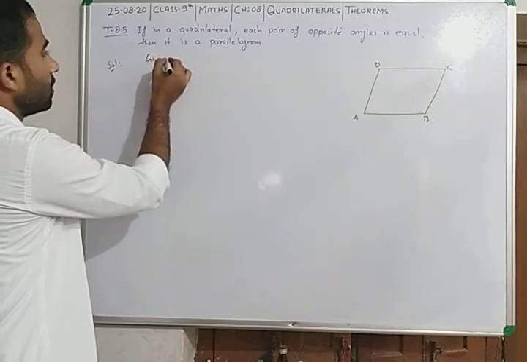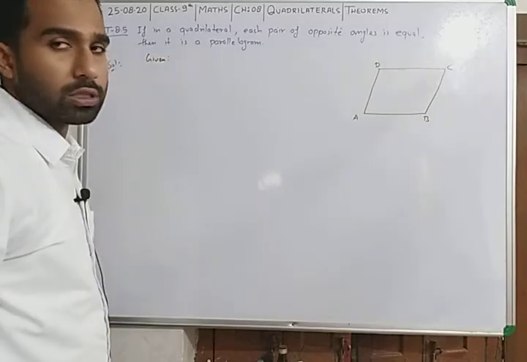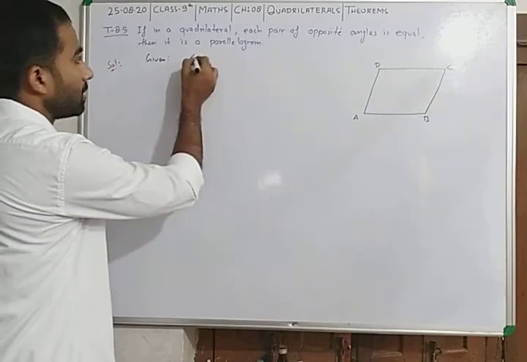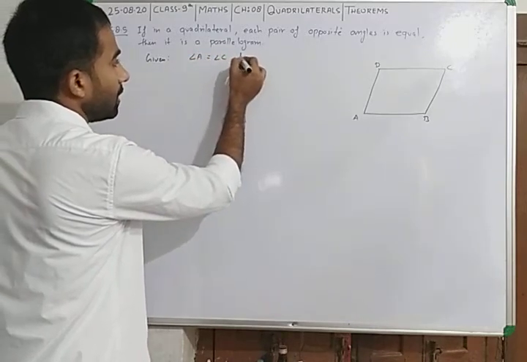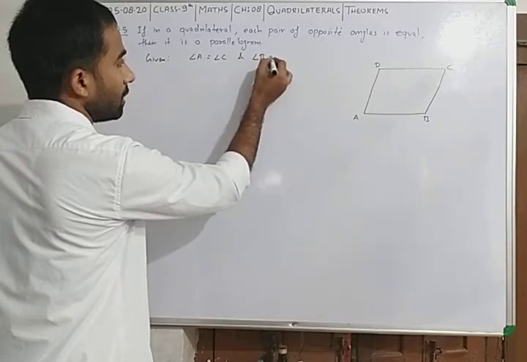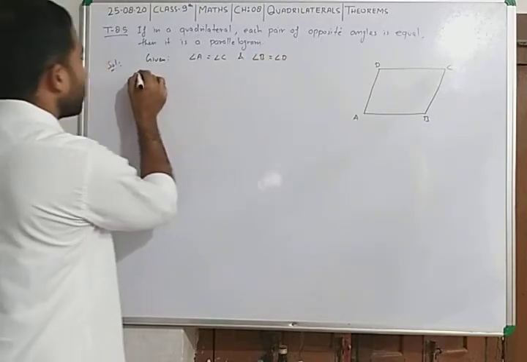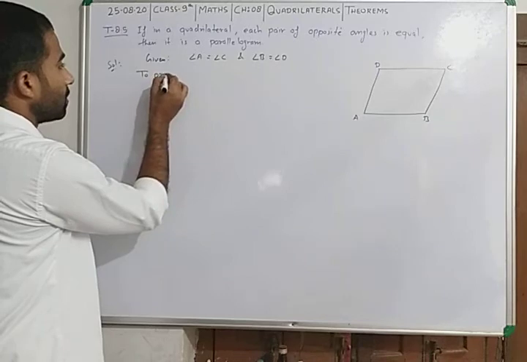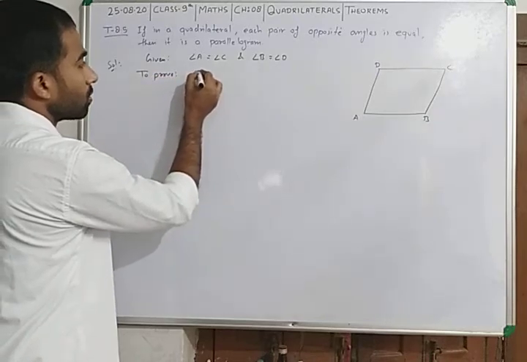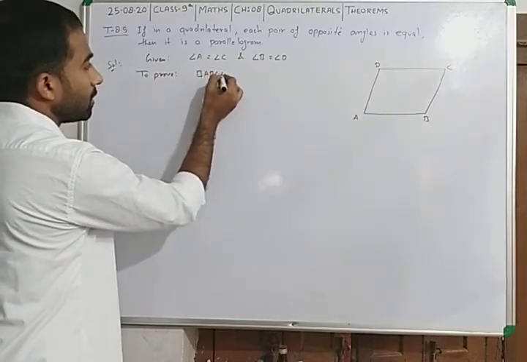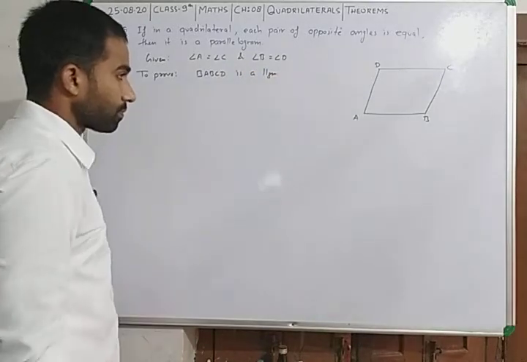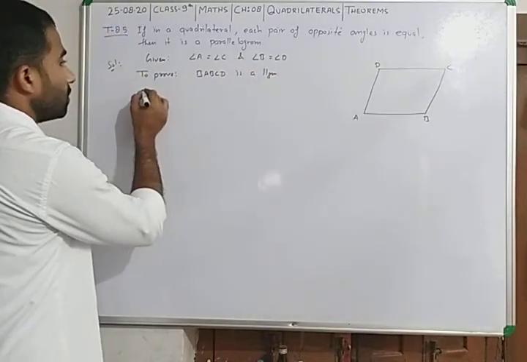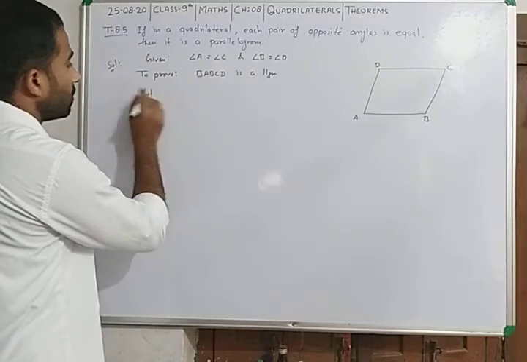Given: each pair of opposite angles are equal, it means angle A is equal to angle C and angle B is equal to angle D. Our target is to prove quadrilateral ABCD is a parallelogram. Now, proof.